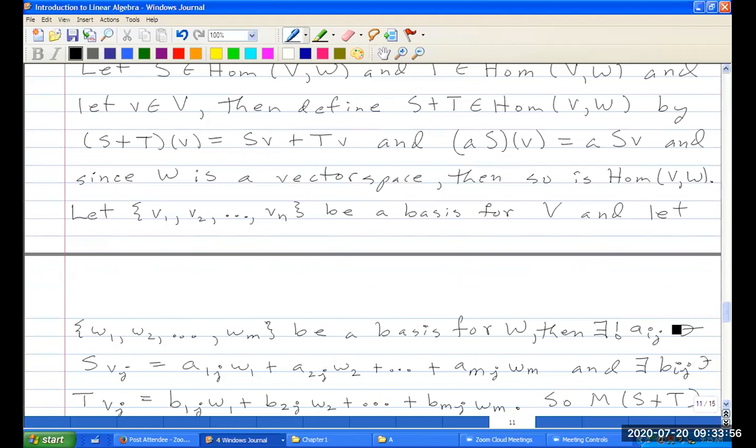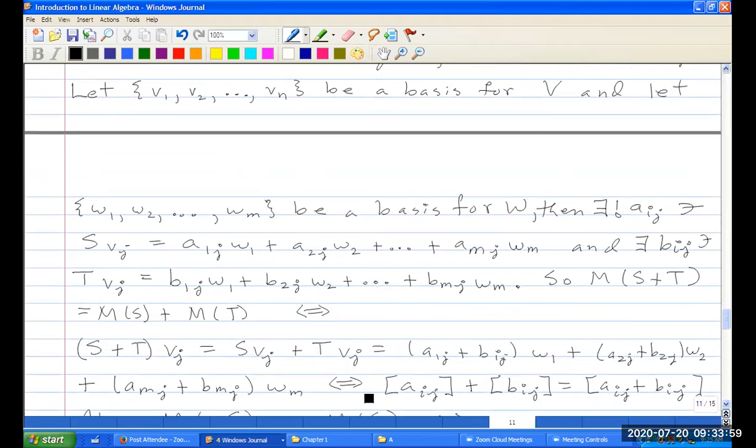Okay, so let V1 through Vn be a basis for V, and let W1 through Wm be a basis for W. Then there exists a unique set of numbers, A sub ij, such that, there exists is this little backwards E, and the little exclamation point says that it's unique.